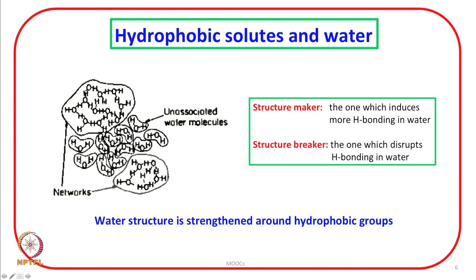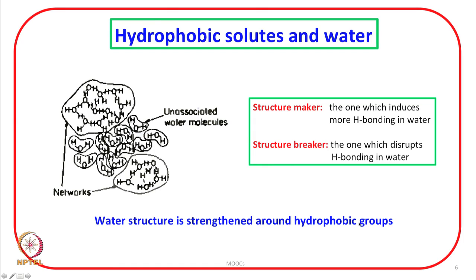They like to be away from water, and it results in a more hydrogen bonded structure in water. That means the equilibrium is shifted towards the regular hydrogen bonded tetrahedral network. Therefore, that is why this comment is written over here, that water structure is strengthened around hydrophobic groups.